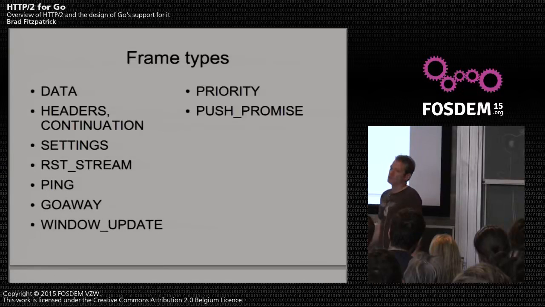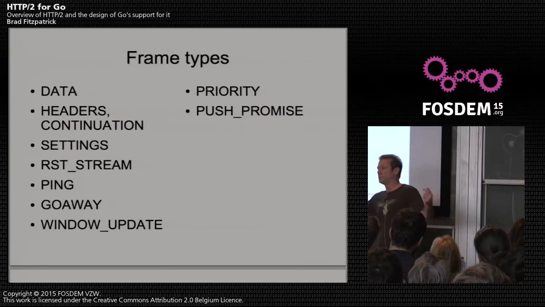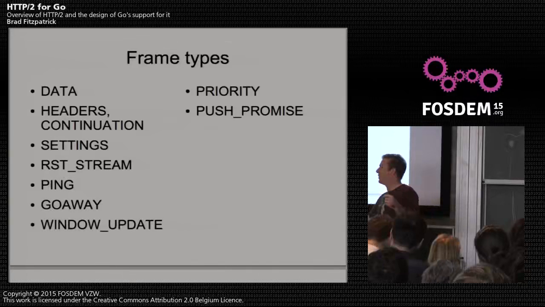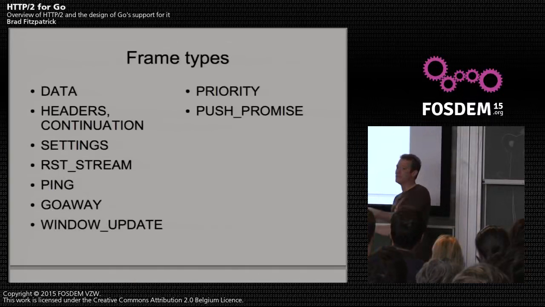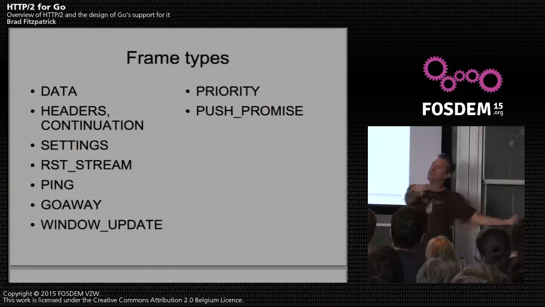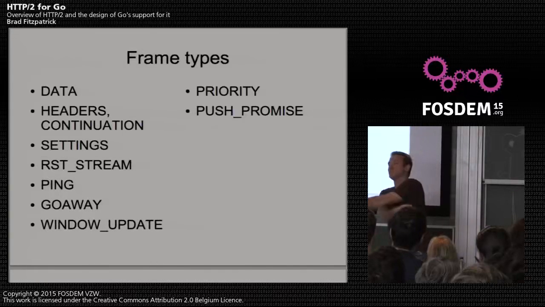Go away allows for graceful shutdown. In HTTP 1.1, you can have a problem where your Apache or whatever has a keep-alive timeout of 30 seconds, and at 29.5 seconds the browser's like, all right, here's a request, maybe here's the post. And at the same time, you have a TCP reset coming this way, and the other one's like, here's my credit card details, and you don't know if the server got it or not.